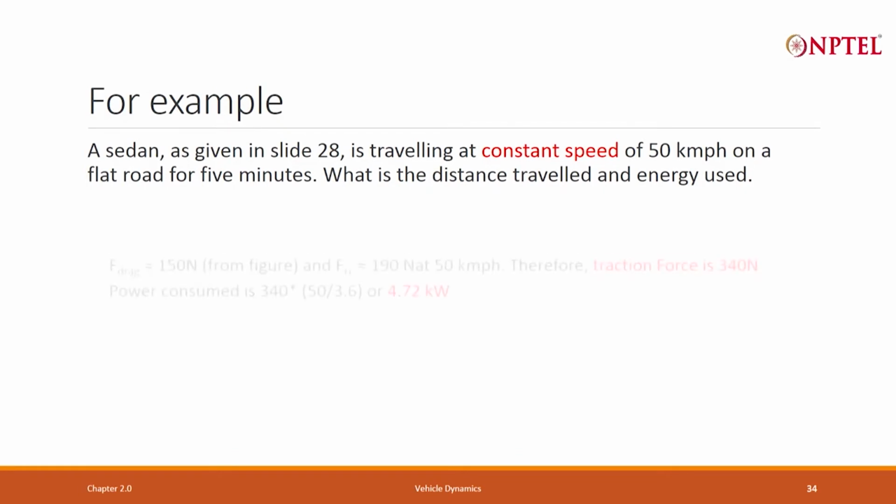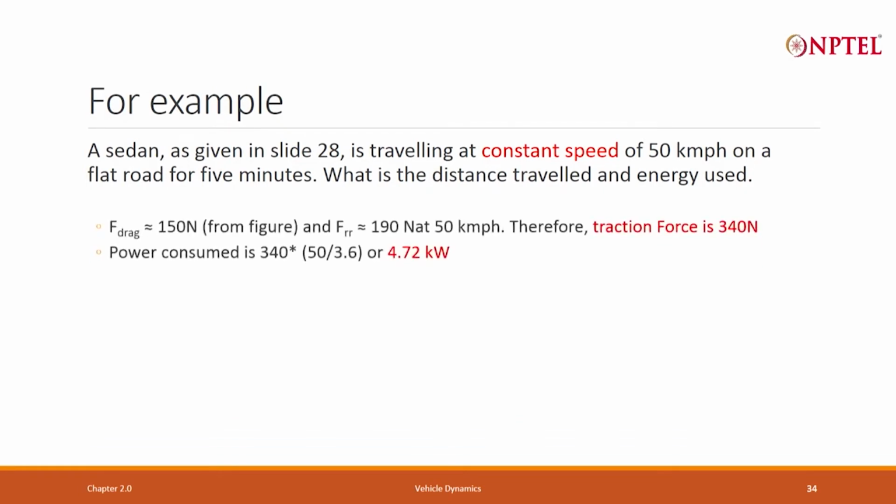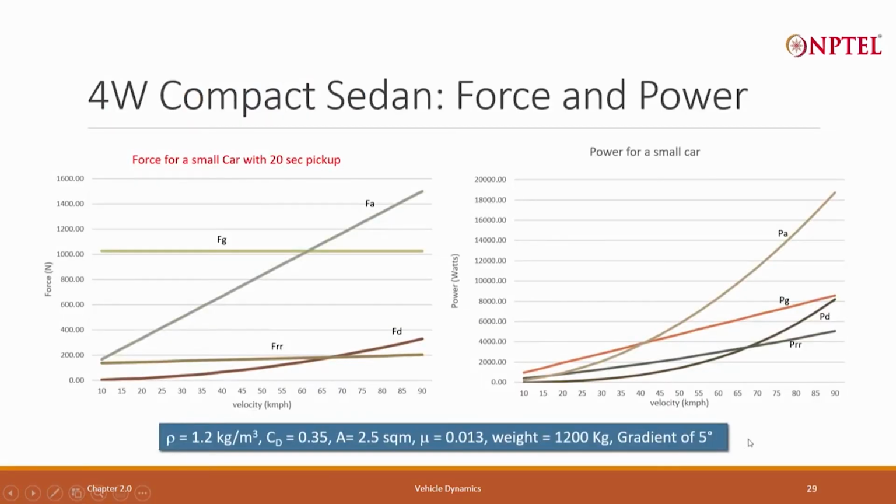If I compute the distance travelled and energy used, which I will do out here, the drag at 50 kilometer per hour comes to 150 newtons. Rolling resistance is higher, 190 newtons at 50 kilometer per hour.